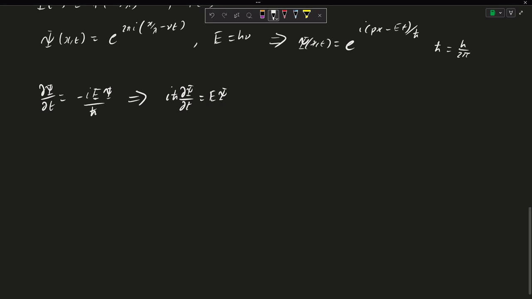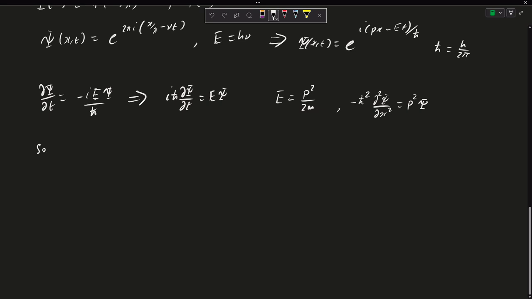The energy and momentum in the non-relativistic case are replaced by E equals p squared over 2m, and minus h bar squared d squared psi by dx squared is equal to p squared psi.